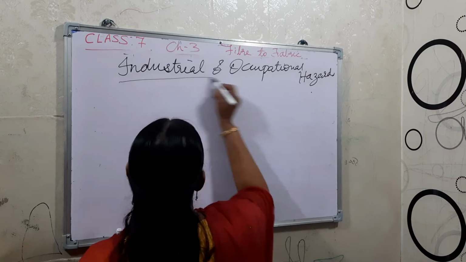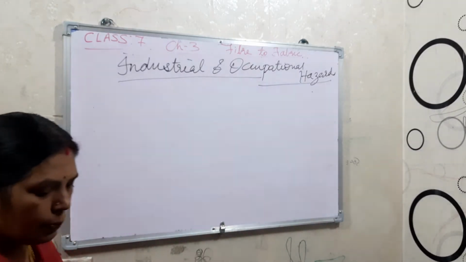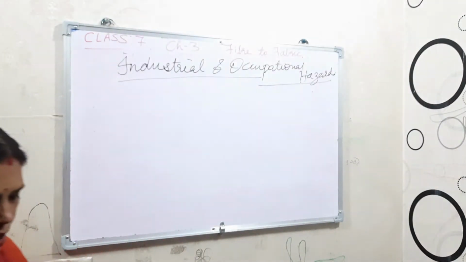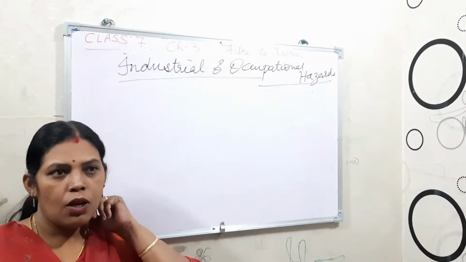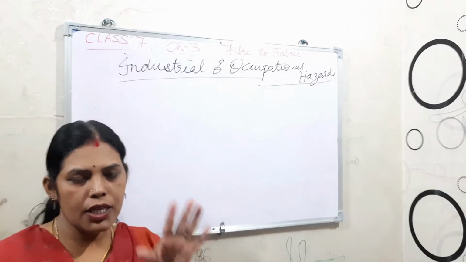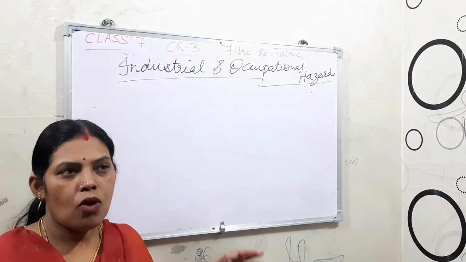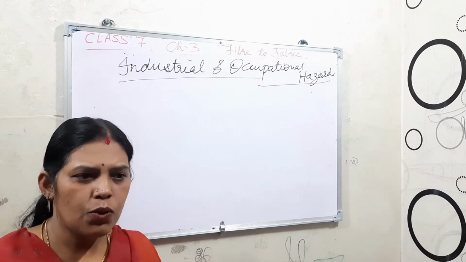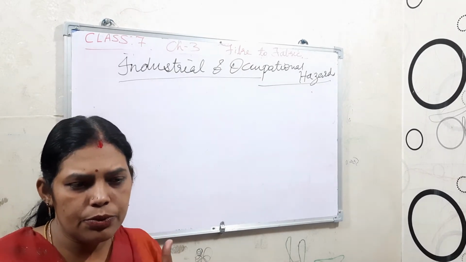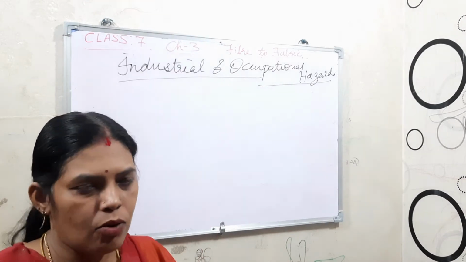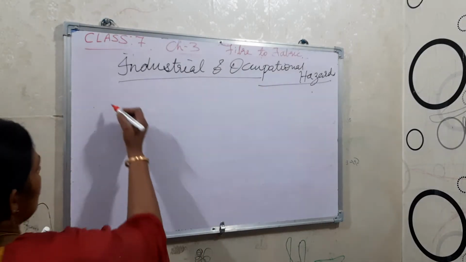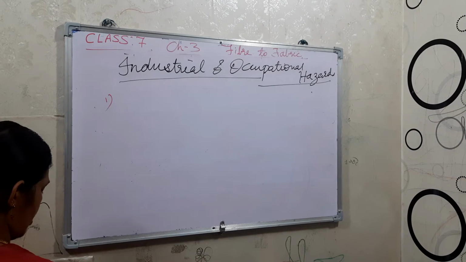See, mainly the first disease affects the people working in wool processing industries. What happens to those who are working there? They used to get a bacteria, and that bacteria is known as Bacillus anthracis.